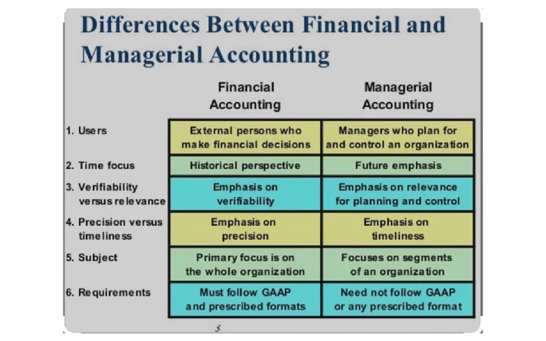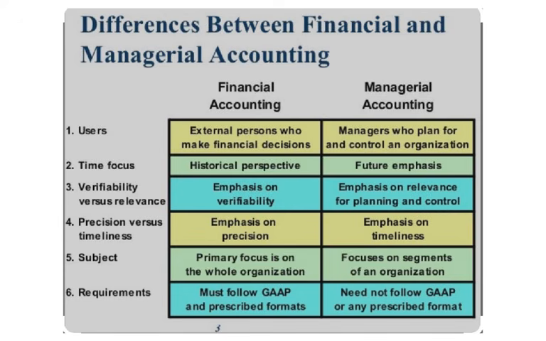This diagram only shows you the differences once again. We can start with the users. Financial accounting mostly external, management accounting mostly for managers, so it's internal. Time focus. Financial accounting is in the past, historical. Management accounting, future.